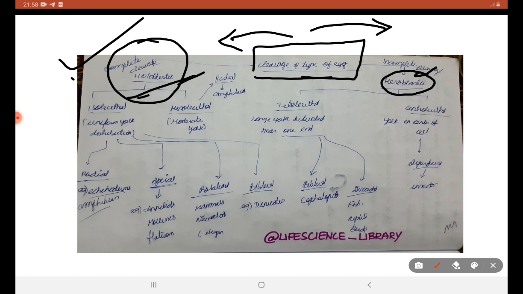Holoblastic is called complete cleavage. Meroblastic is called incomplete cleavage.